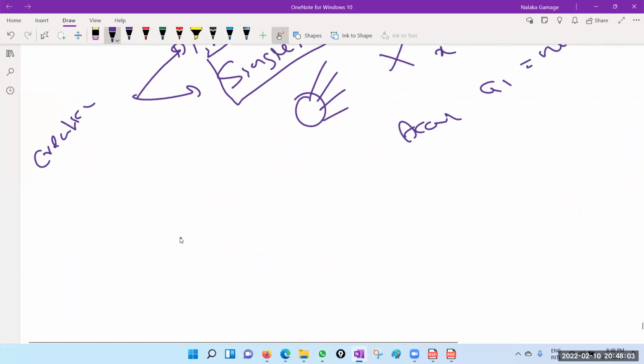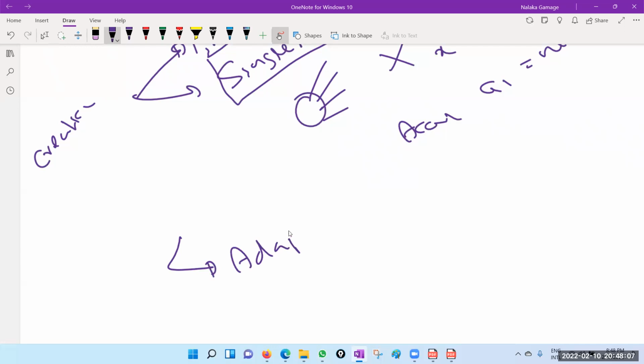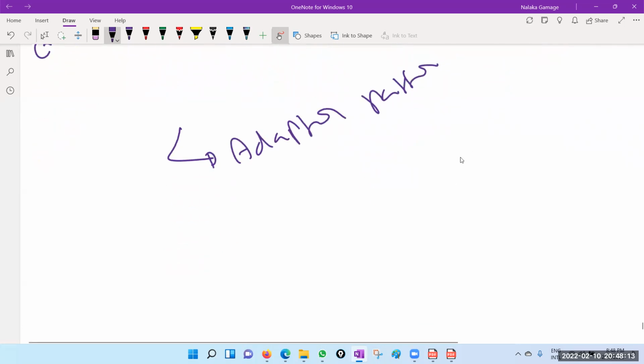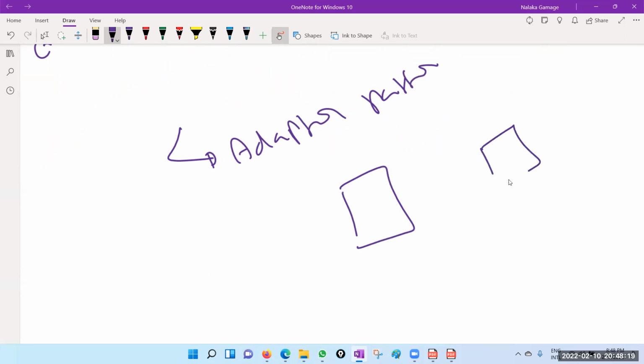I mentioned 2 patterns: factory pattern and singleton pattern. I'm just randomly giving you some patterns. Another one is the adapter pattern. It's a very interesting pattern. See, I have an API or some software that I want to integrate with another one.